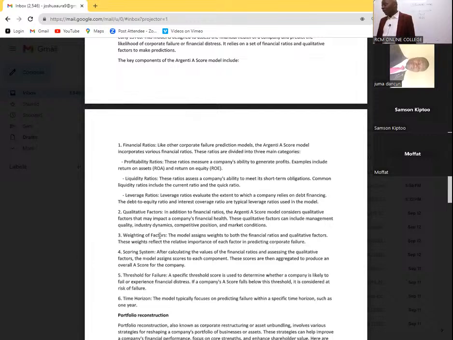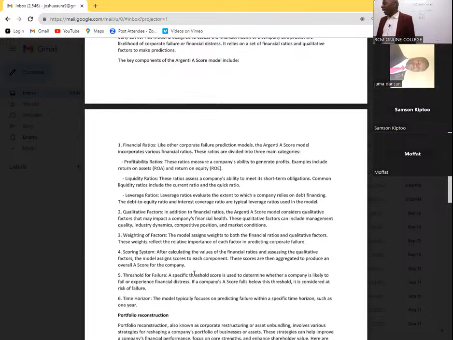Weighting of the factors. The model assigns weights to both the financial ratios and the qualitative factors. These weights reflect the relative importance of each factor in predicting corporate failure. Scoring system: after calculating the value of the financial ratios and assessing the qualitative factors, the model assigns scores to each component.